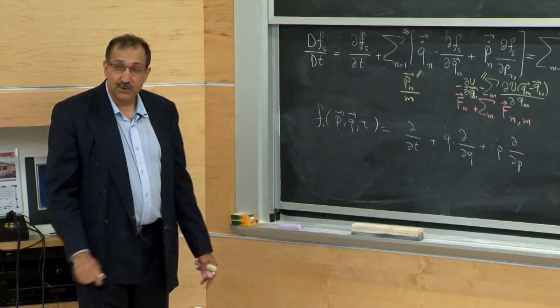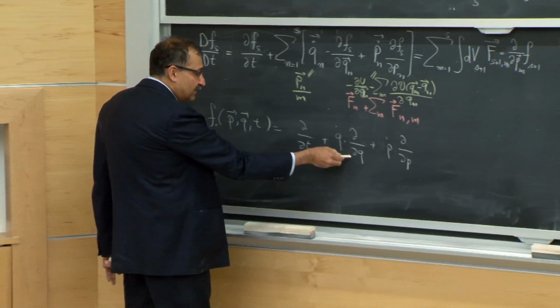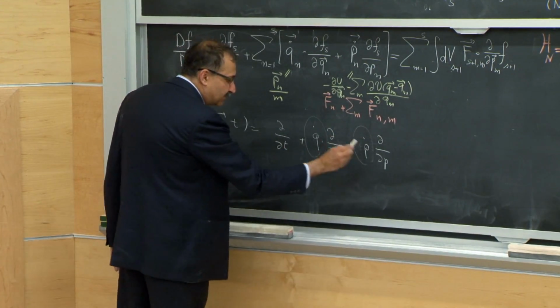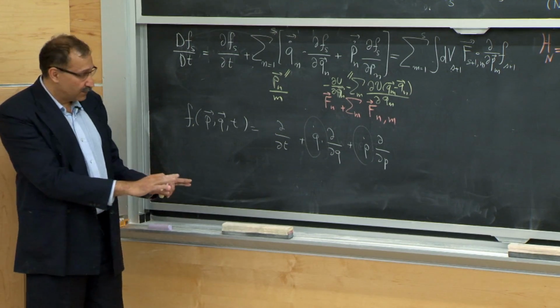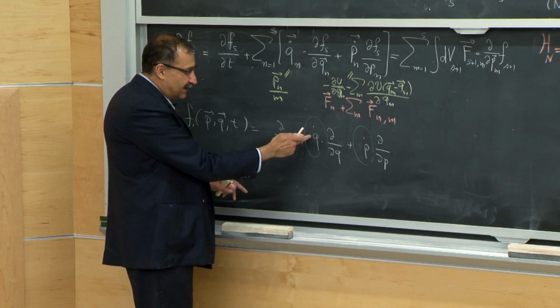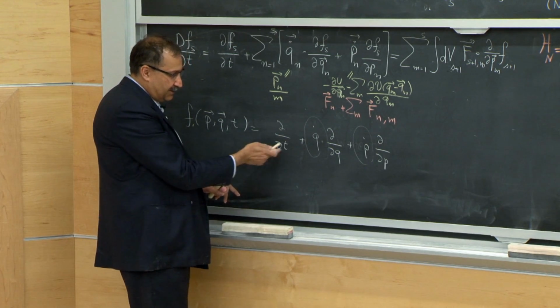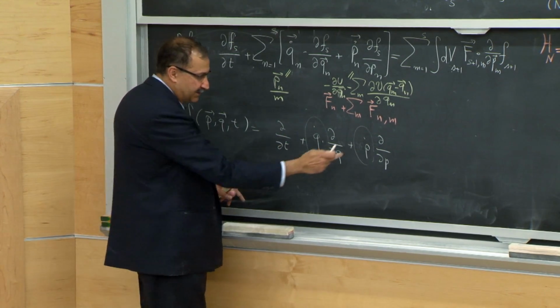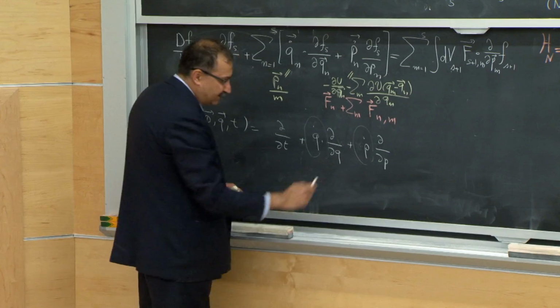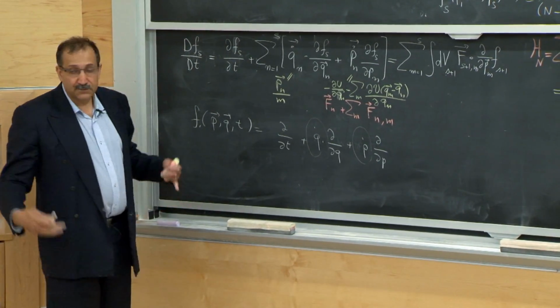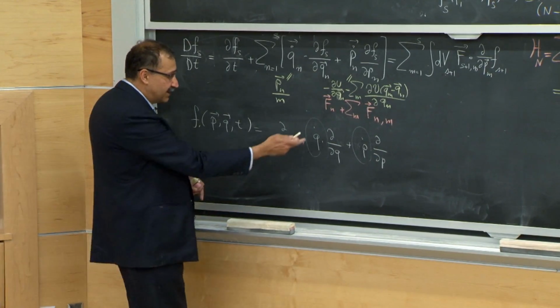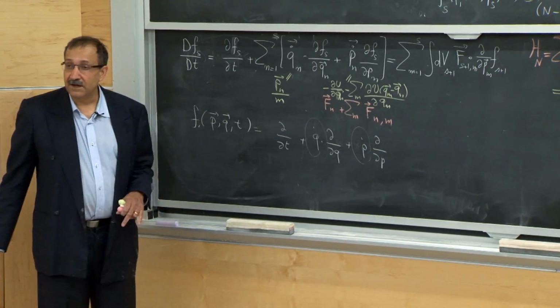Dimensions are, of course, important, so somehow what I write for this and for this should make up for that. As I have written it now, it's obvious, of course. This has dimensions of q over t. Q's cancel, I would have 1 over t. P over t, p's cancel, I have 1 over p. So here dimensionally is correct. So I have to just make sure I haven't made a mistake. Q dot is a velocity.